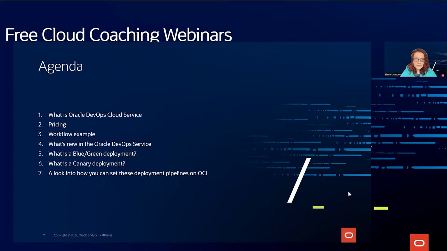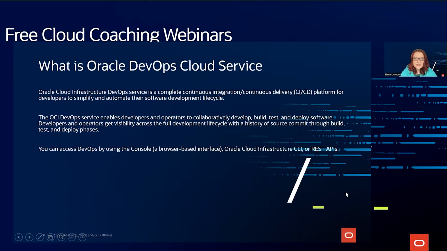So if we could move on to the next slide, we'll just chat a bit about what Oracle DevOps Cloud Service is. As you can probably already imagine by the name, it is a continuous integration and continuous delivery platform, which helps you automate your software development cycle. It enables you to do collaboration on development, building, testing, and deployment of software.